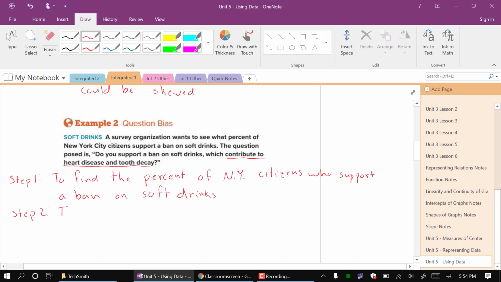So the question lists some health risks for soft drinks.